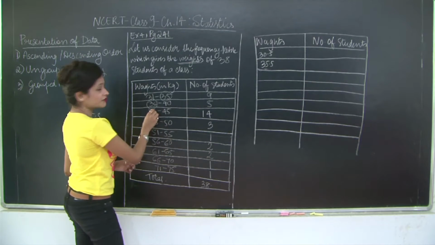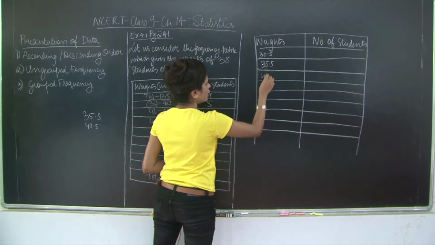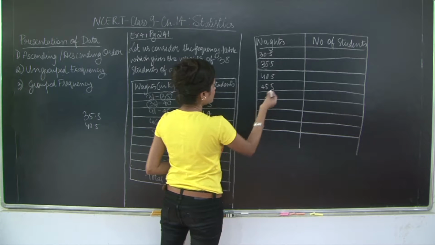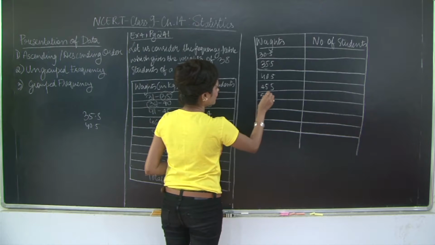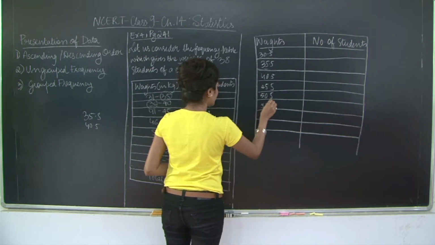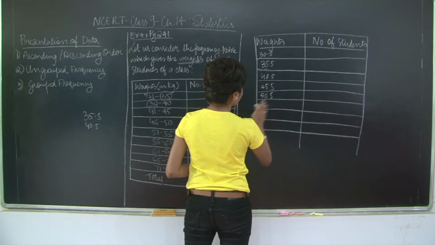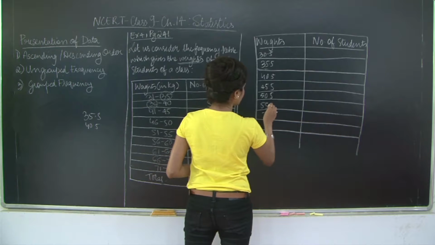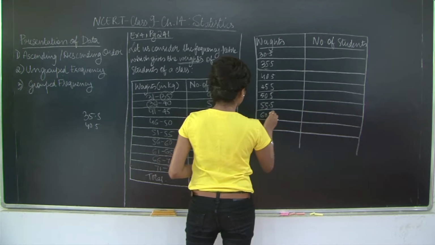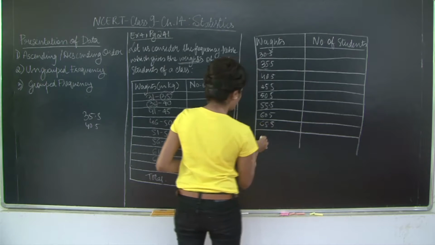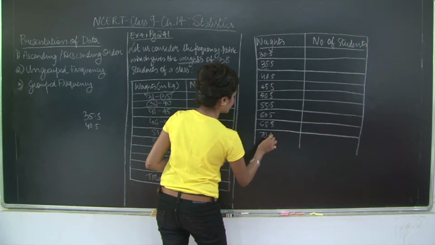So now subtracting from 41, I get 40.5, then 45.5. Then I get 50.5, 51.5, then 55.5, then 60.5, 65.5 and 70.5.